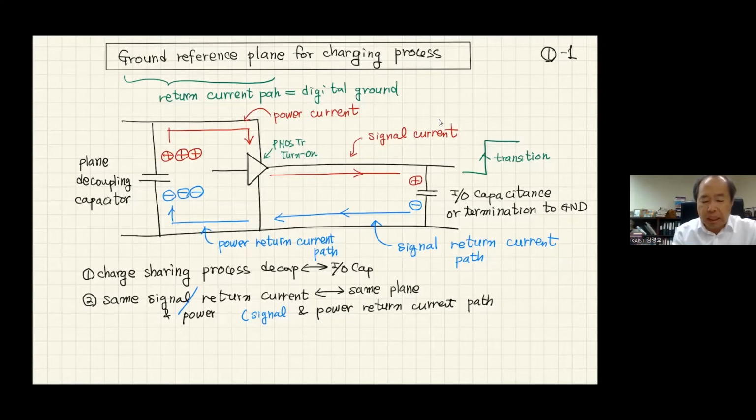In this case, I would like to discuss the return current path for the charging case. Here we have an I/O line, and between the signal line and the multilayer PCB ground, we have some capacitance.